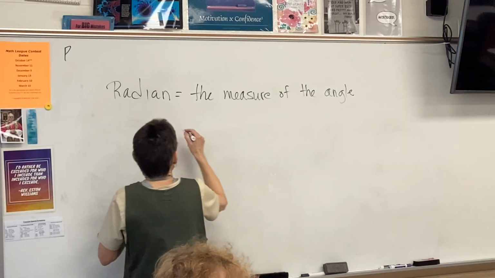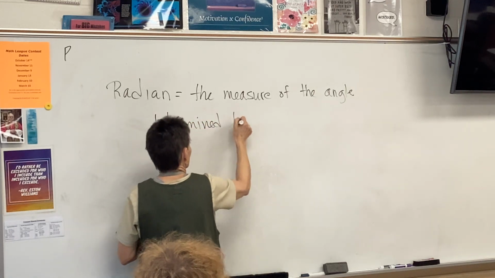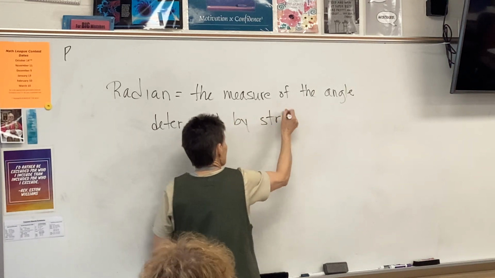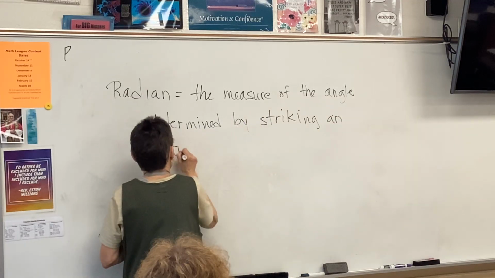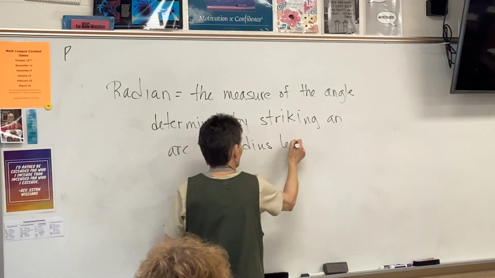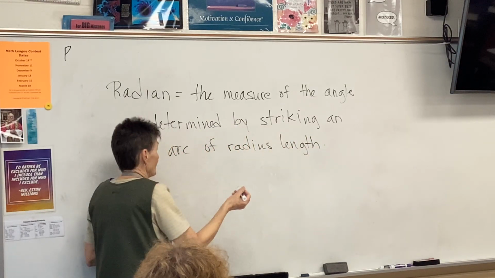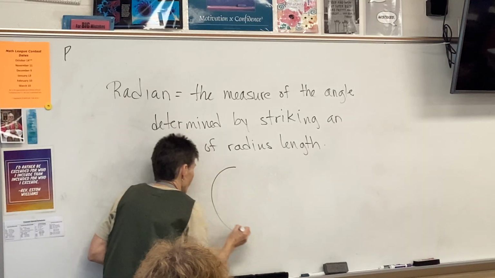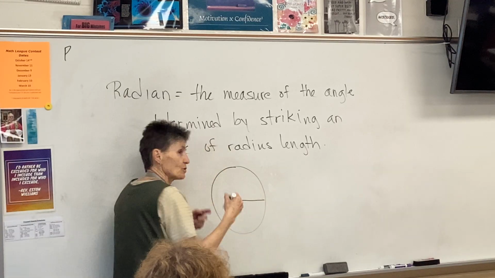The measure of the angle determined by striking an arc of radius length. Now, what does that mean? Well, we've got a circle, and let's say the radius of the circle is 7.